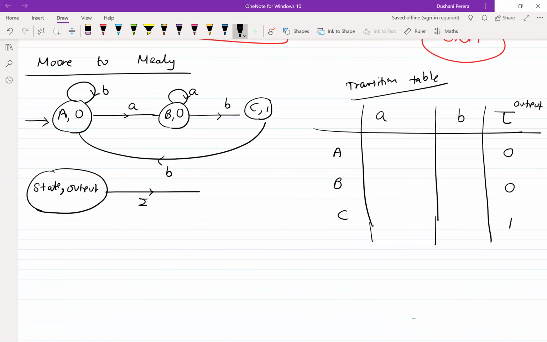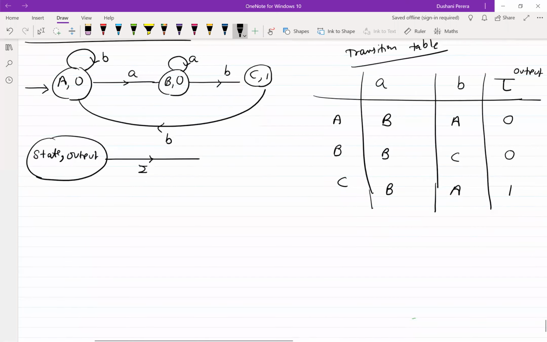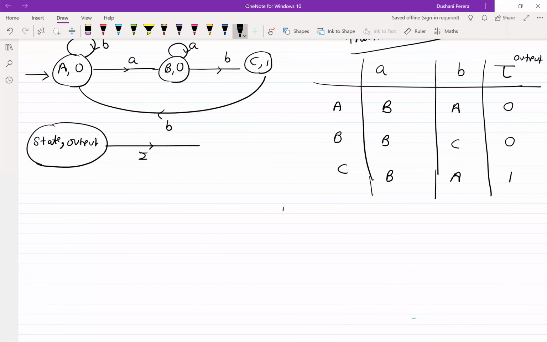Now what are the transitions? Capital A upon seeing small a goes to B. Here A, B, C, B, A. So this is the transition table for the Moore machine. Now by looking at that, we have to fill the transition table for the Mealy machine.